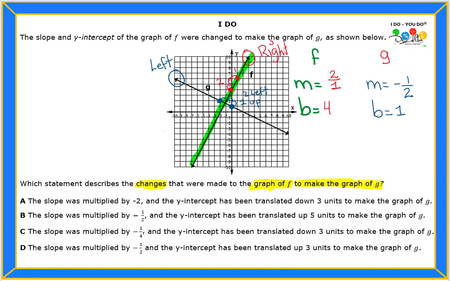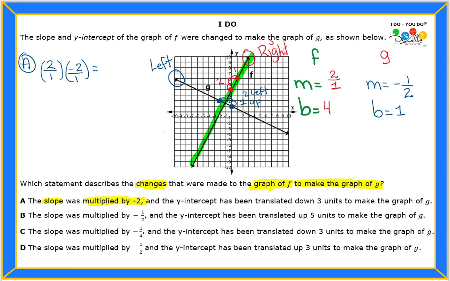Okay, so we have letter A. Now we're going to compare them, right? It says the slope was multiplied by -2. So let's analyze that. If you multiply the slope by -2, is that going to give me a -1/2? So I'm going to work it out over here, letter A. So my original slope is 2 over 1. And letter A says that it was multiplied by a -2.